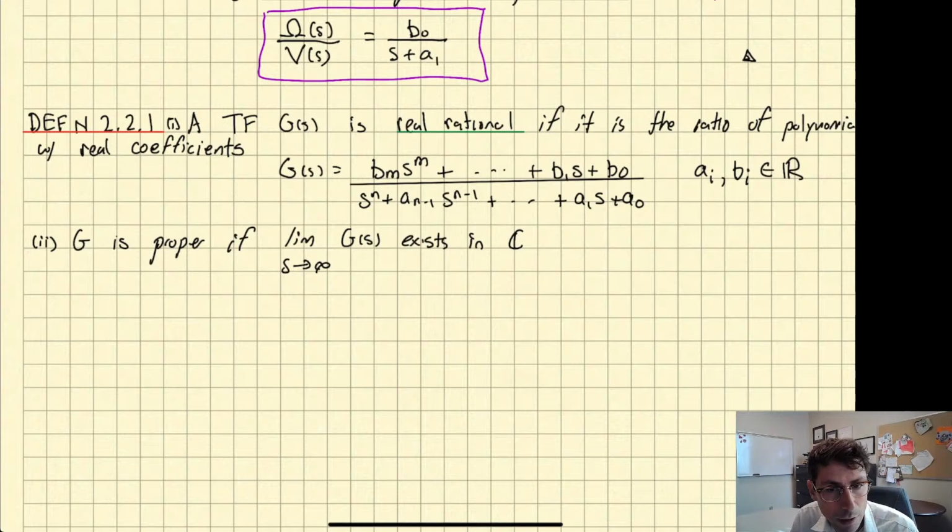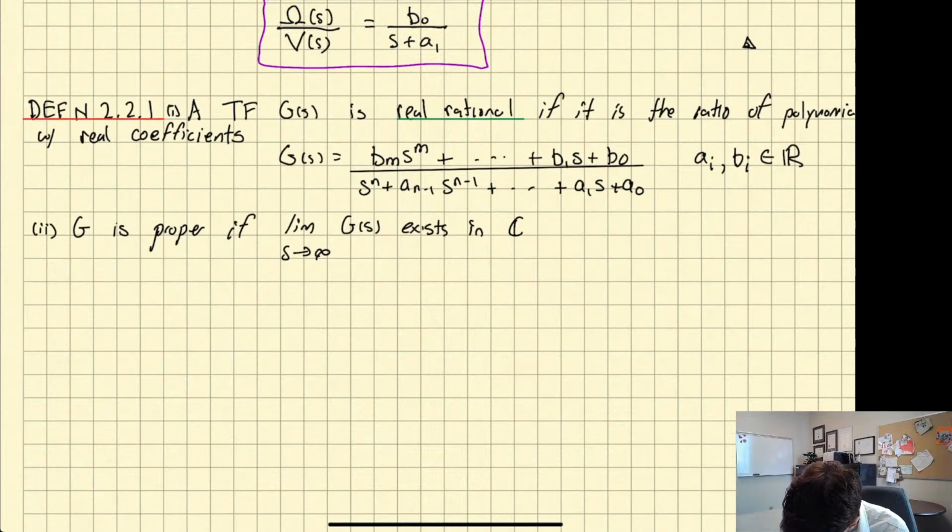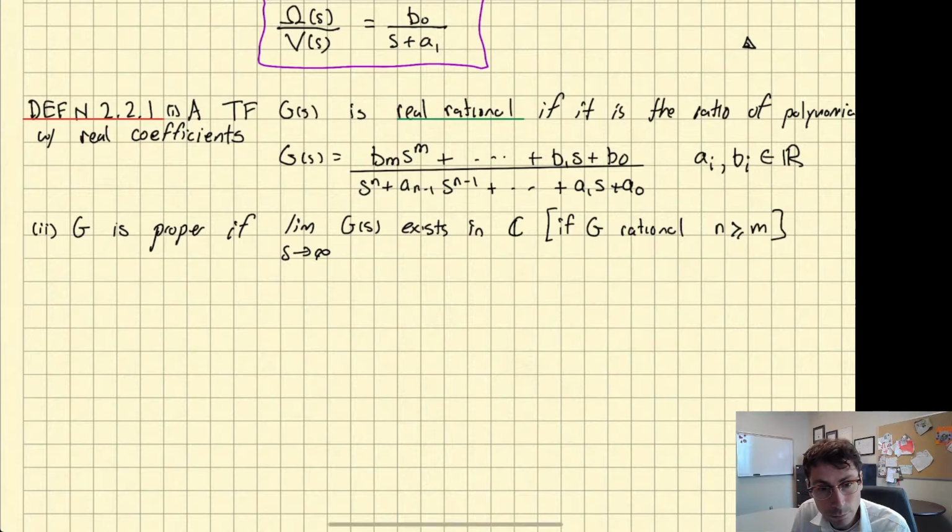Now, if G happens to be rational, it simply means that m, the degree of the numerator, is less than or equal to the degree of the denominator. So if G is rational, we're saying that n is greater than or equal to m. But definition 2, which is not in the square brackets, applies to both rational and irrational transfer functions.